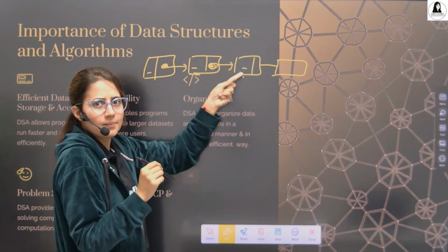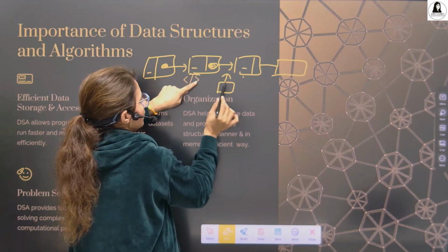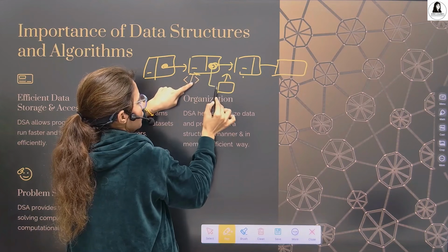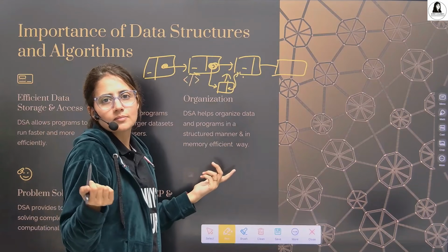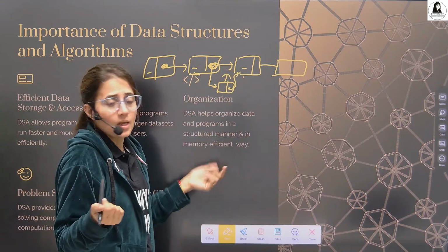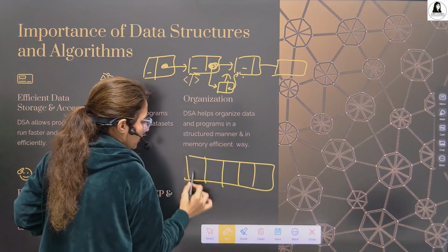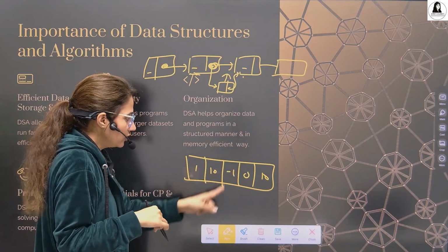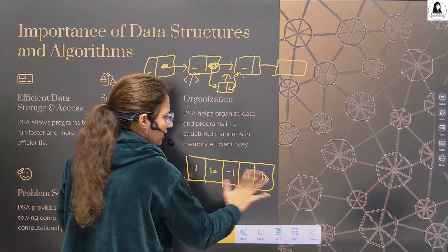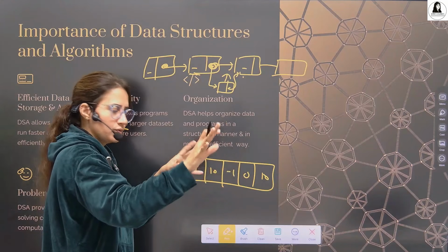If you want to add something, suppose here, I can simply add it here. I just update this link, so this will link here and this contains the address of this. Simple. If you want to delete, that is also simple. But in an array, it's not that easy. An array is a contiguous memory location. Here we have some data like 1, 10, -1, 0, 10. If you want to insert something, first, the size of the array is fixed, though there are some ways to increase the size.